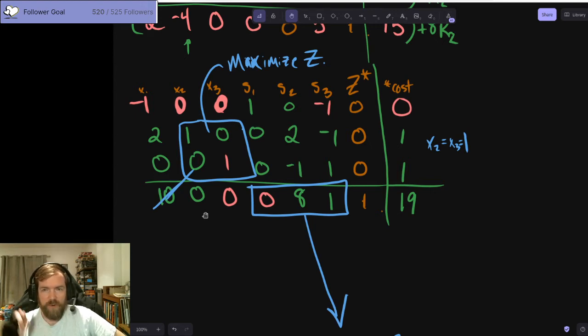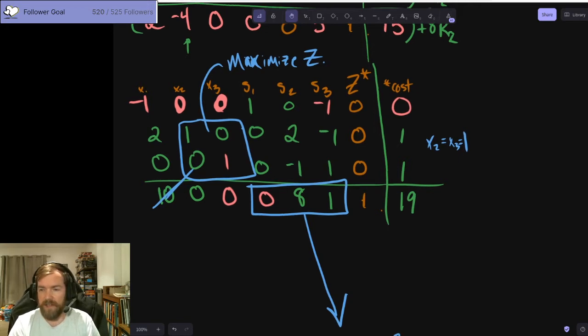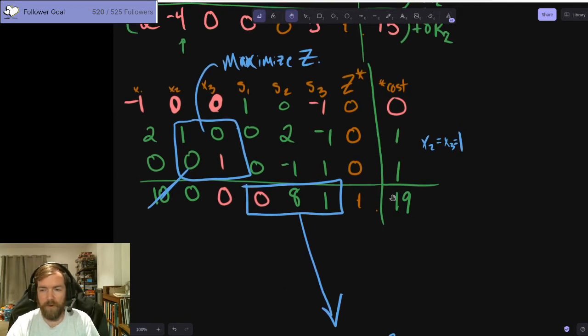If x1, s2, or s3 are non-zero, then it diminishes from z. So the value of z is going to be 19, according to this tableau.